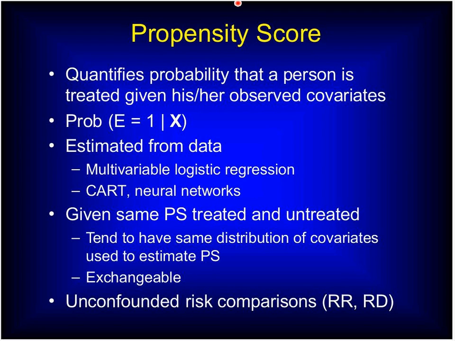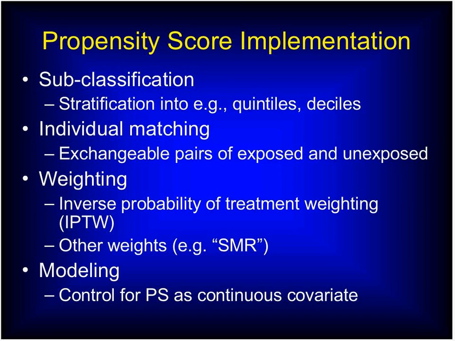So the treated and untreated will be exchangeable with respect to their risk for the outcome based on the measured covariates, conditioning on the propensity score, which then leads to unconfounded risk comparisons, risk differences. It gets a little bit murkier when we look at other measures of association.